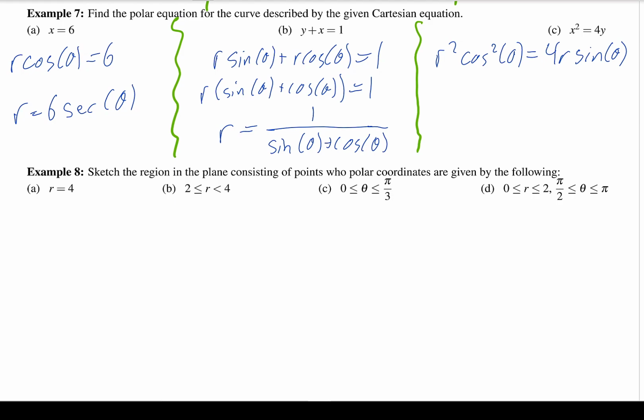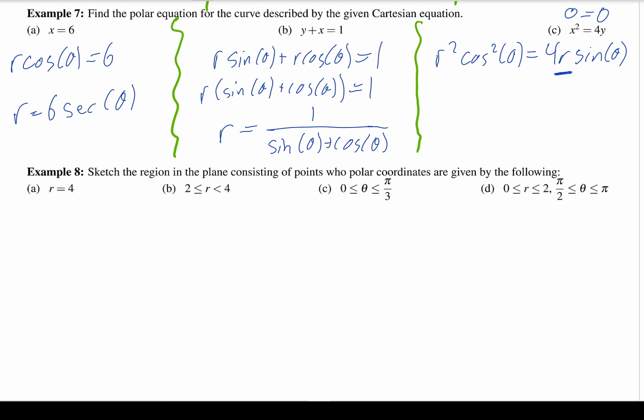One, if I decide to divide by r on both sides, then I could possibly be dividing by 0, right? Notice that a solution to this equation would be we plug in 0 for x and 0 for y. And so one of our points should be 0, 0. Well, that would have a radius of 0.